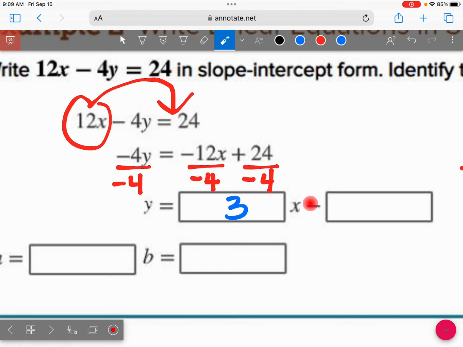They already put the negative in front, so we just need to put a 6 right here. So what is the slope? What's the number in front of x? 3. And what's my y-intercept? -6. And that's what we're going to practice. We're going to practice putting our equations in slope-intercept form.